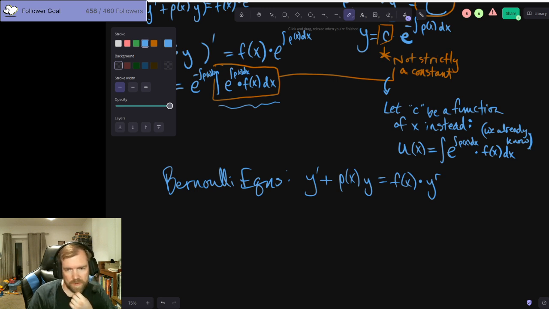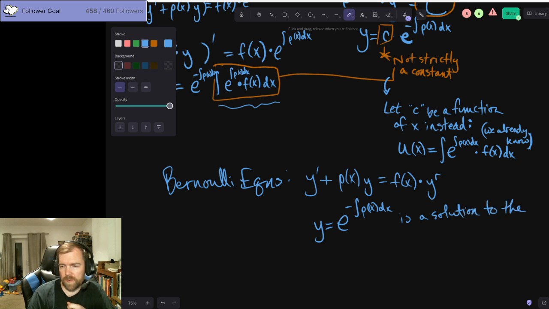We already know that y equals e to the negative integral p of x dx is a solution to the complementary equation.